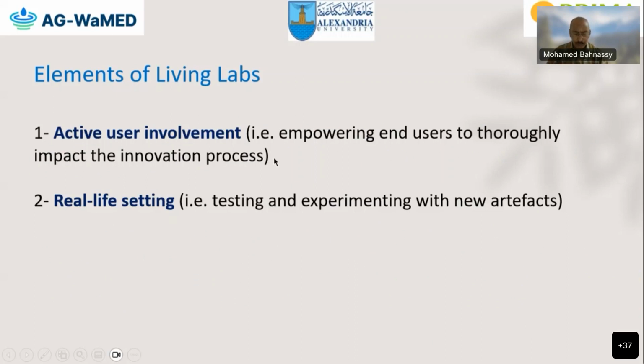So we should have the end users, we ask them about their opinions, and also sometimes we ask them about their experience. We transfer experience between each other. The second element is that the living lab is real life setting, which means testing and experiment with new artifacts.